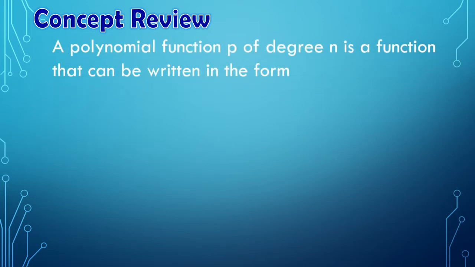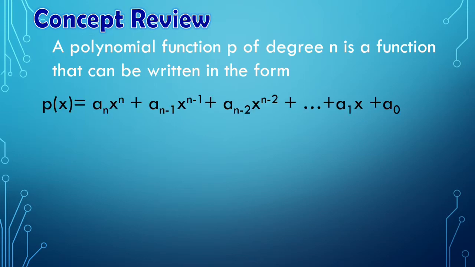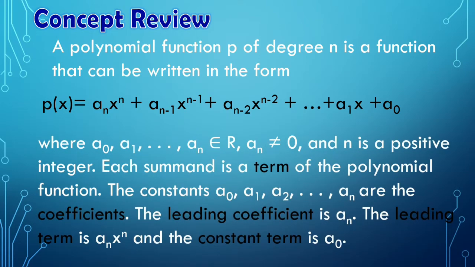A polynomial function p of degree n is a function that can be written in the form p of x is equal to a sub n x raised to n plus a sub n minus 1 x raised to n minus 1 plus a sub n minus 2 x raised to n minus 2 plus up to a sub 1 x plus a sub 0, where a sub 0, a sub 1 up to a sub n are elements of real numbers, and a sub n is not equal to 0 and n is a positive integer.